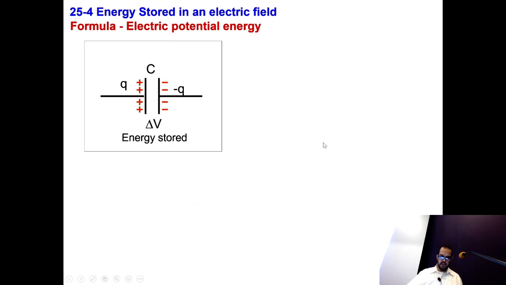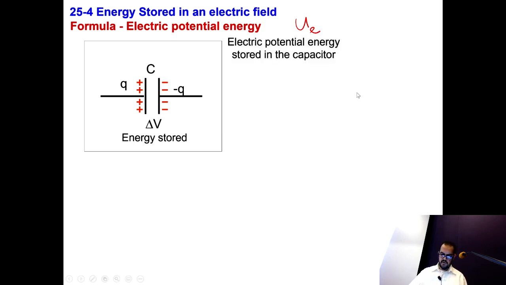We want to determine U, the electric potential energy that is stored in a capacitor. We have to see how we can get this equation.